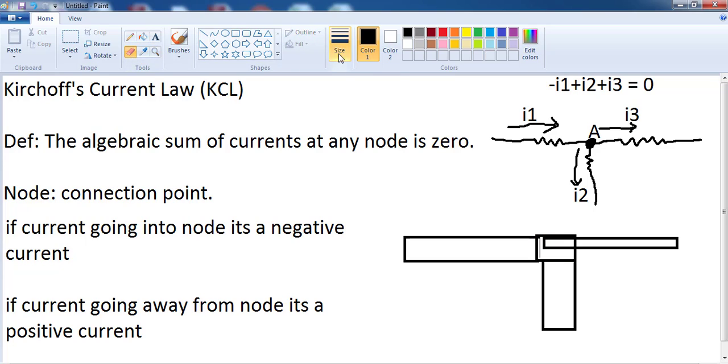Let's say we have water coming through here. This is a connection point. In here, it's splitting into two.